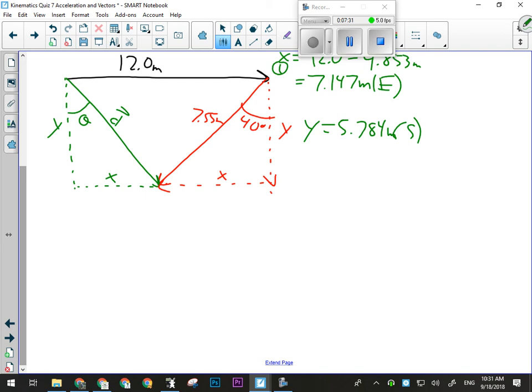Okay, so now our next step, now that we have green X and green Y, is, we now know the sides of this triangle. So now we're going to look for the magnitude of D, and then we're going to look for the direction of D. All right, so the magnitude of D is Pythagorean theorem. So that'll be our 7.147 squared plus our 5.784 squared.